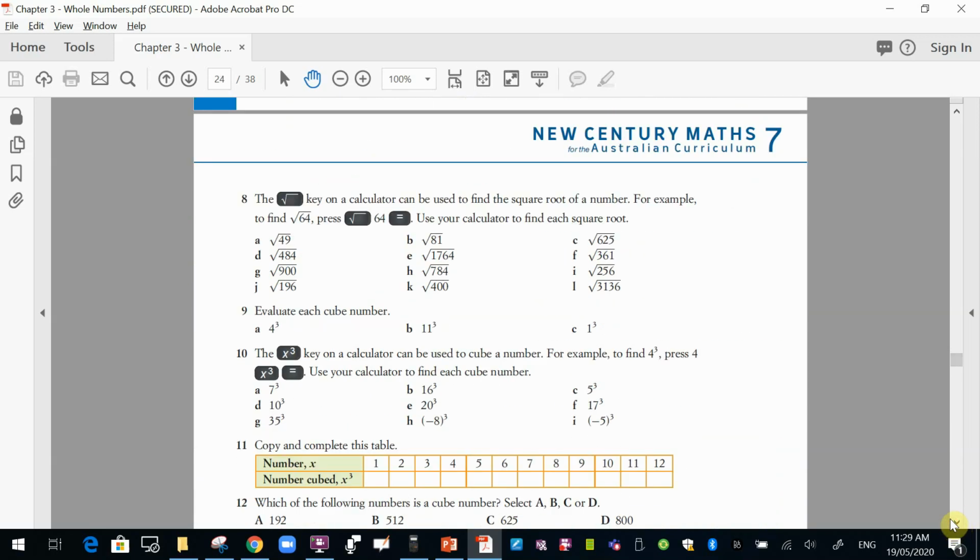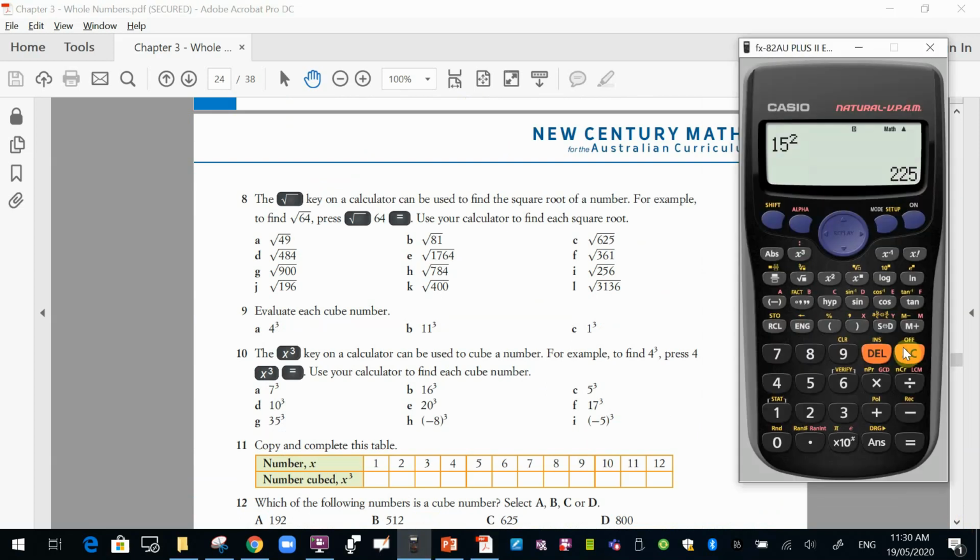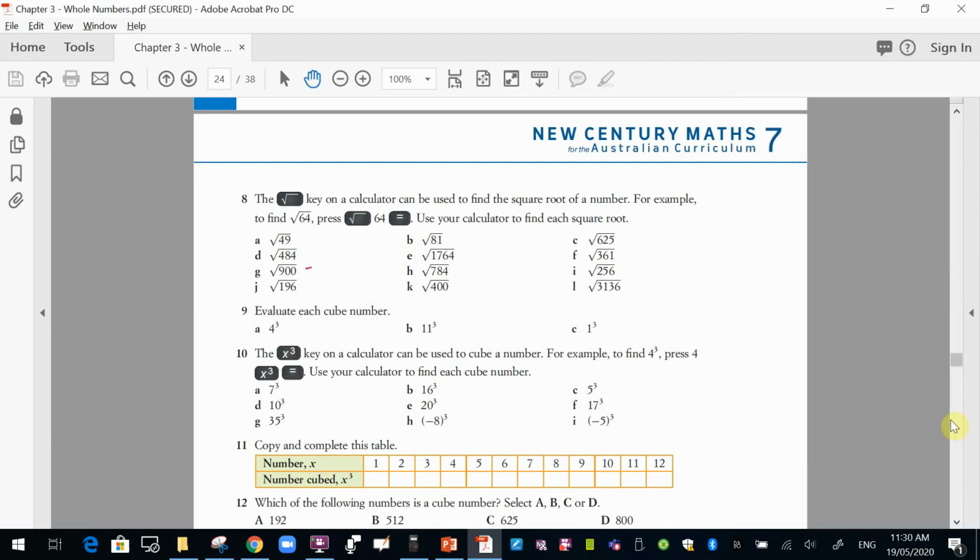On a calculator, I've shown you a couple of times. Let's do a very quick review. Let's pick one or two. I want square root of 900. Sounds pretty hard. Square root button, and then type 900, equals 30. There you go. It's not too hard.